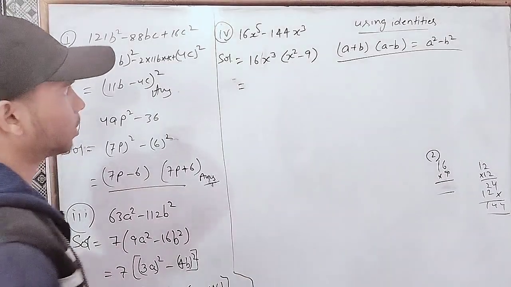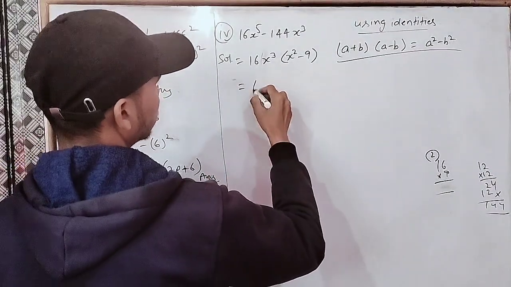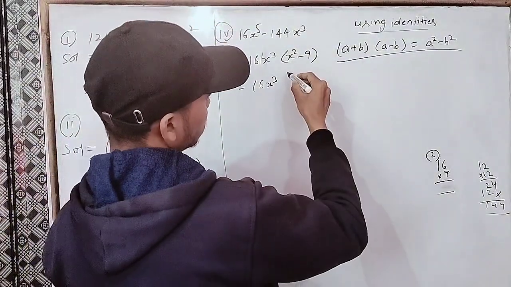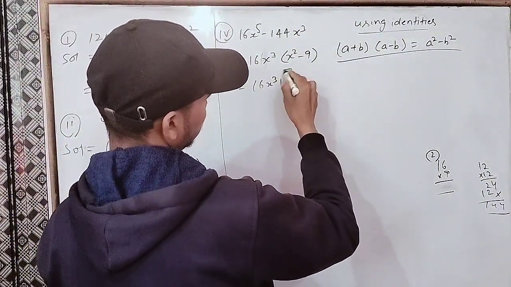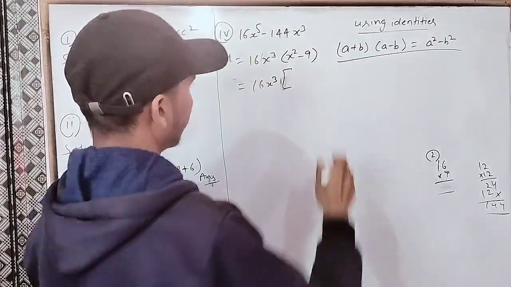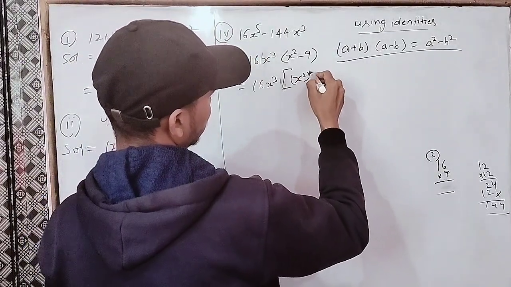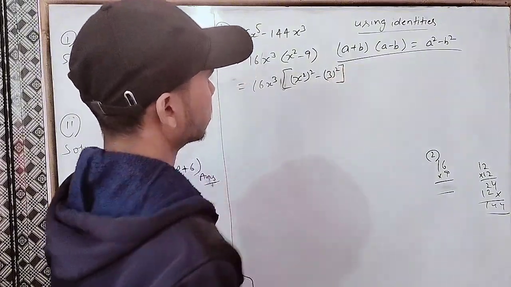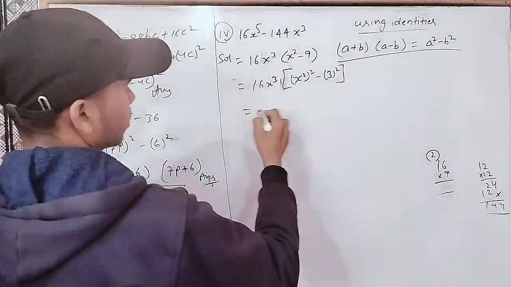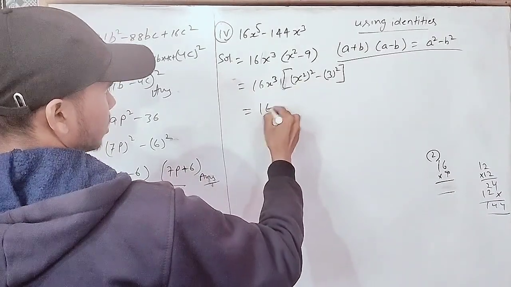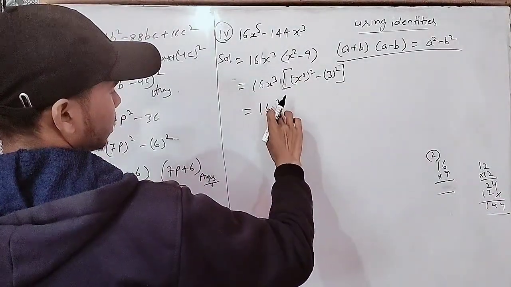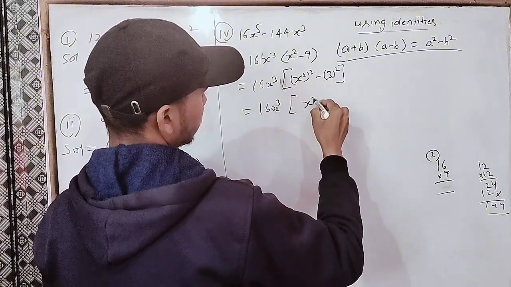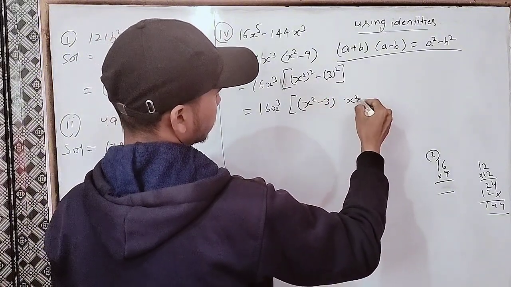We have done the factor. Now 16x cube as it is, we have x square minus b square. So one second, brother. x square and then 3 3s are 9. This is as it is. We have a square minus b square. 16x cube will be written as it is. Okay, then we have it like that.